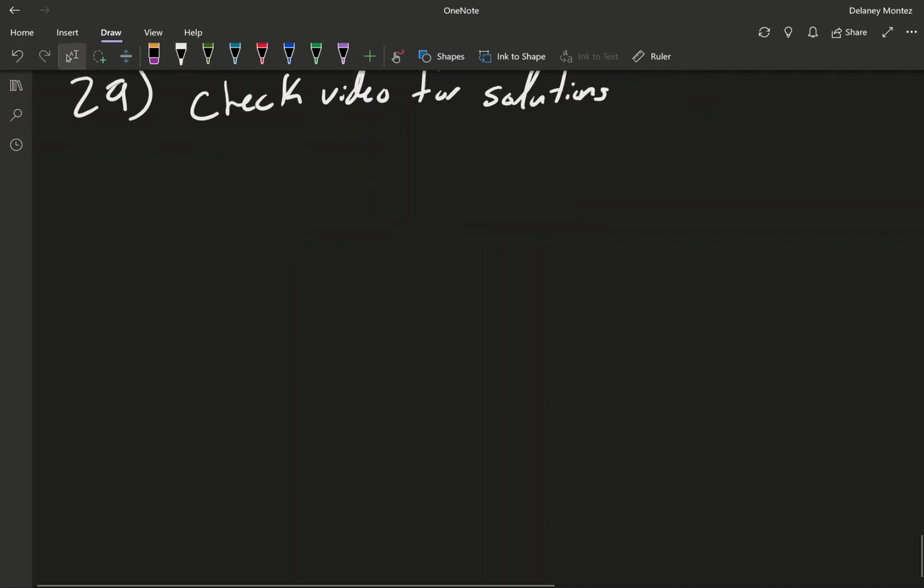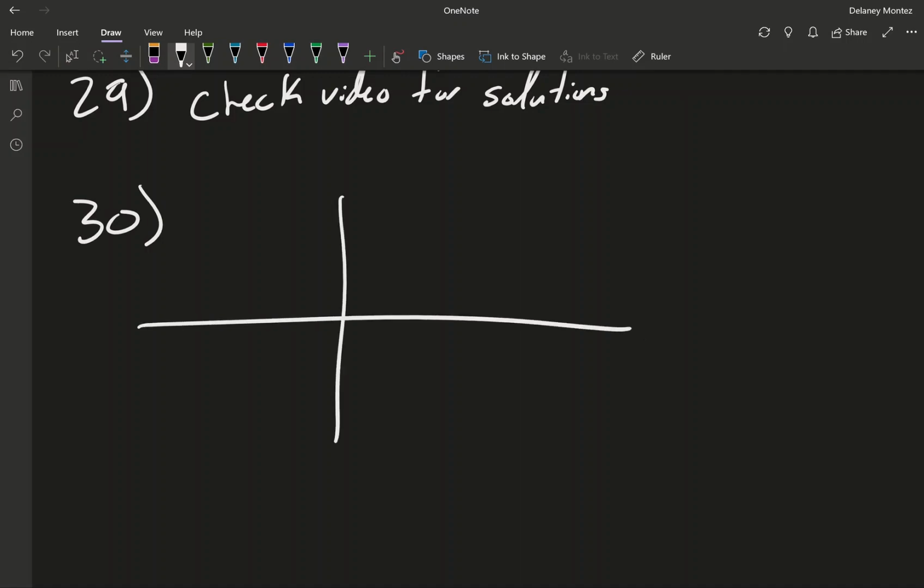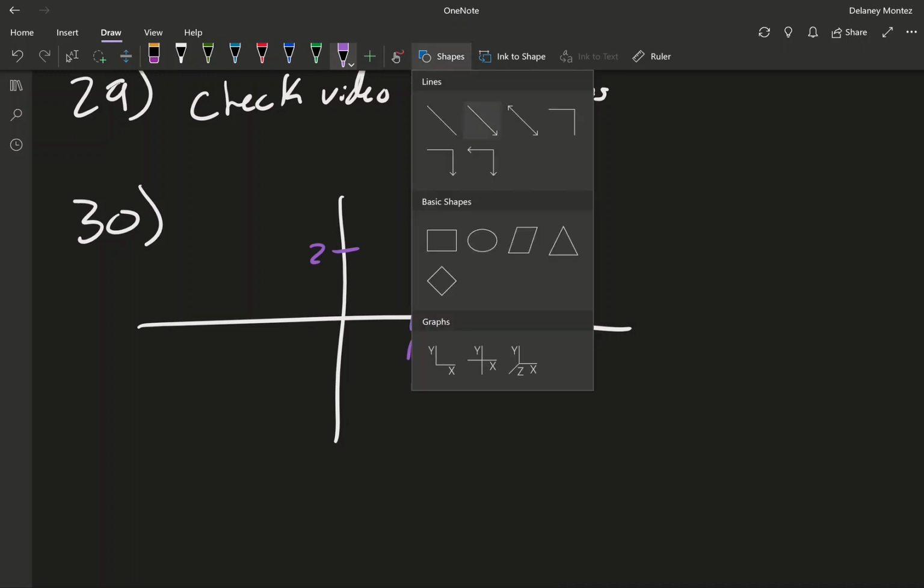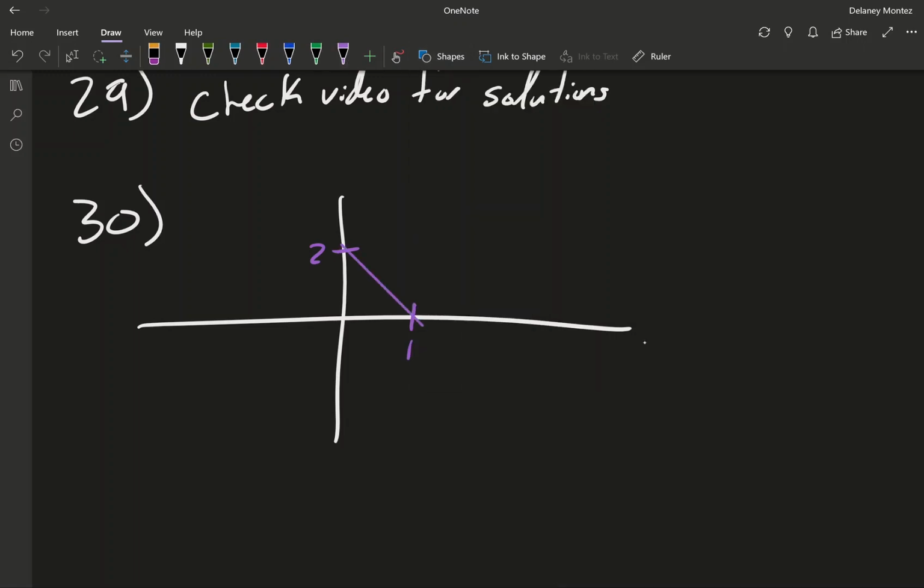Let's look at 30. We're given a function here. This is 2, this is 1. We have this line here, and we're calling this f of x.